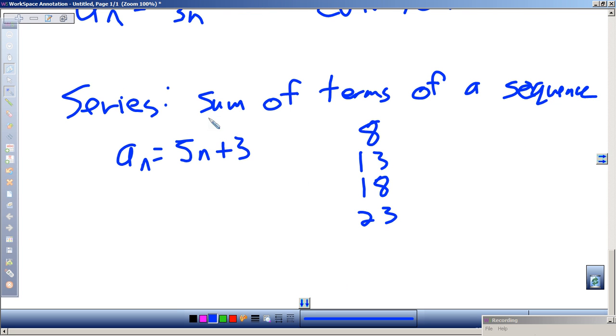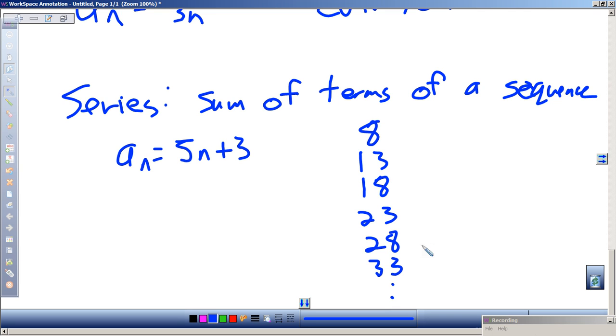Now, are you just using the formula, or are you actually looking at the pattern here? What's the pattern? Adding 5. So what's the next one? 28, 33. Yeah, it is. If we continue that going down there.